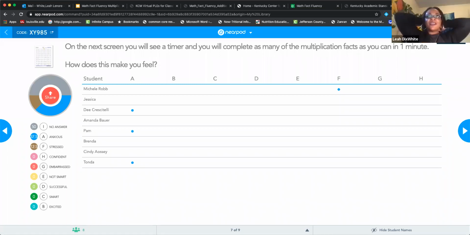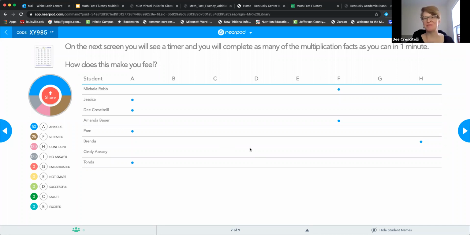So if you can imagine how you all are feeling being asked to take a test and being put on the spot, then how do you think that superimposes onto our kids? So that's one of the premises in the text, to eliminate those timed tests. And so I don't like the timer.